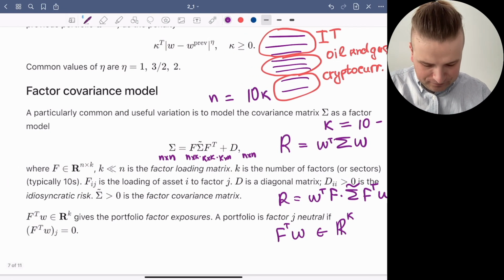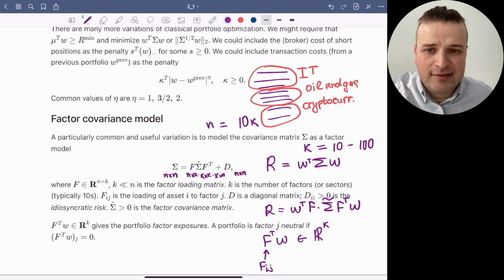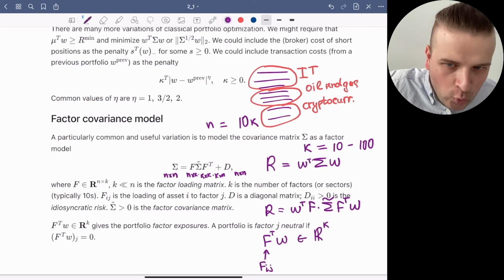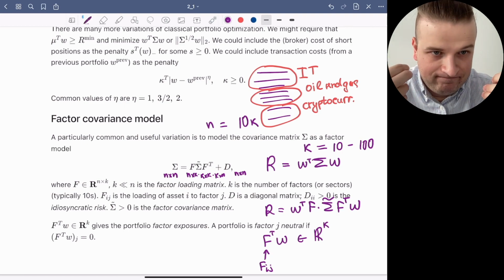And actually, literally, the ij element of this matrix means exactly the loading of asset i to a factor j.